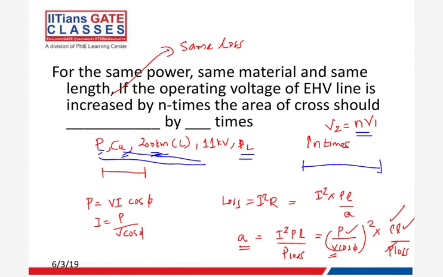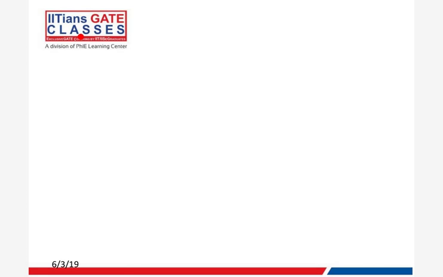So A is equal to K divided by V square cos phi square. So A is inversely proportional to V square.